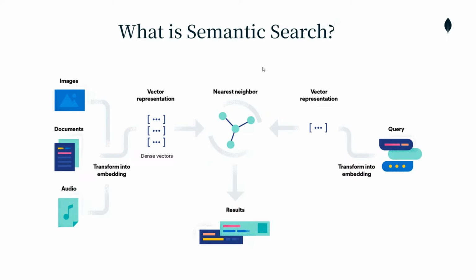Perfect. So what is now the semantic search, and how does that whole process work? As we said, we have unstructured data initially as a starting point. It can be any kind of unstructured data, video, whatever. We put that through the embedding model, and we get embedding vectors as an output. Then we store these embedding vectors in our database.